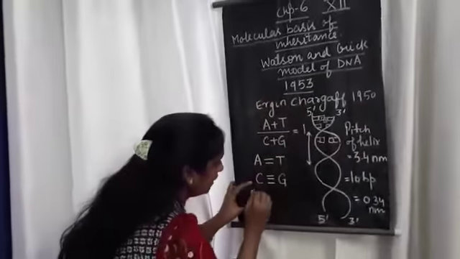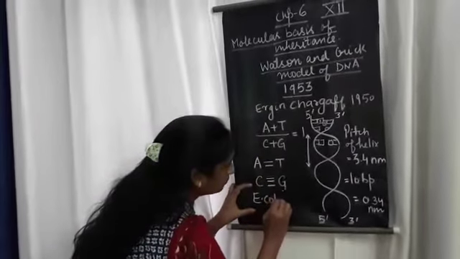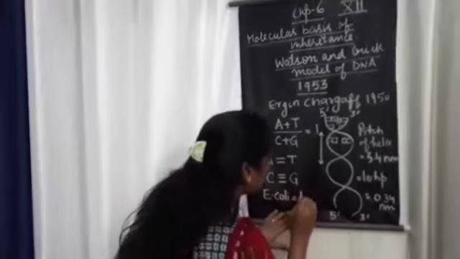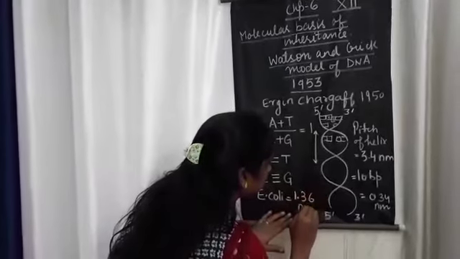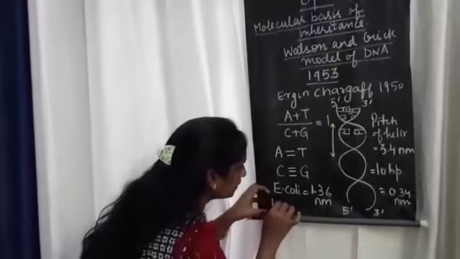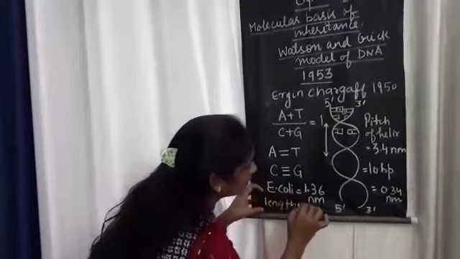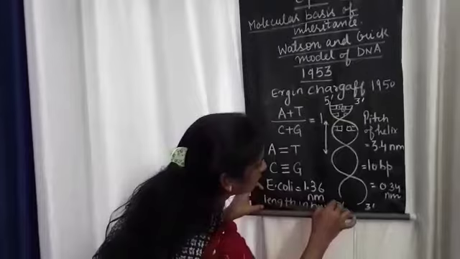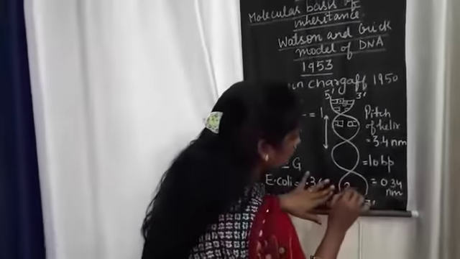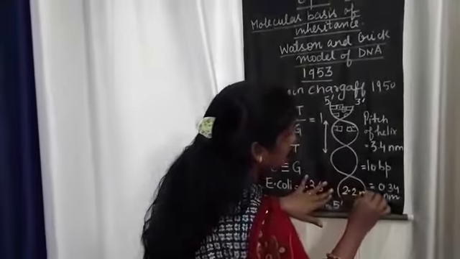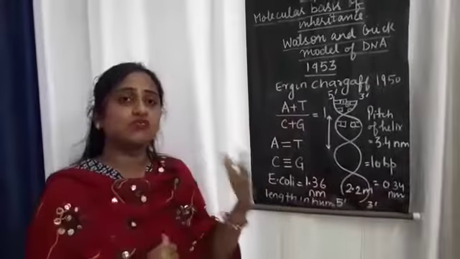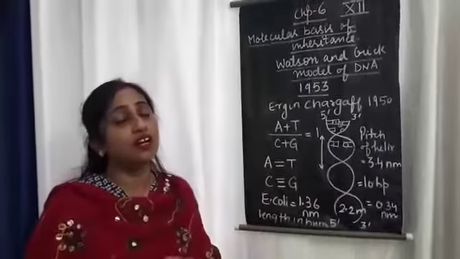And in E. coli, the length of the DNA is 1.36 nanometer, and the length of the DNA helix in humans will be approximately 2.2 meter. How this calculation came, we will be learning in the next lecture when we deal with the packaging of the DNA helix.